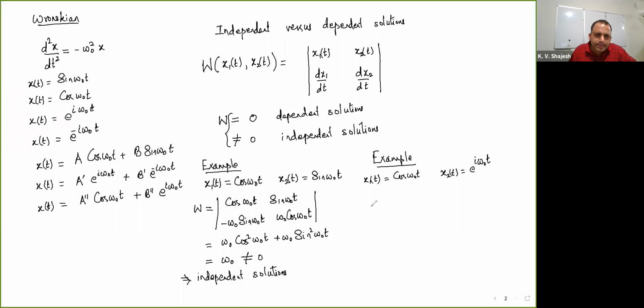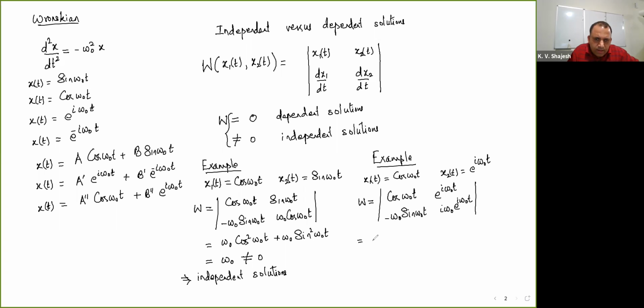And then our Wronskian has first row cosine omega naught t and exponential of I omega naught t. Taking a derivative, I get minus omega naught sine of omega naught t, and here, when I take a differentiation, I get I omega naught times exponential again. And the Wronskian is the determinant of this whole quantity. So let's see what that determinant is.